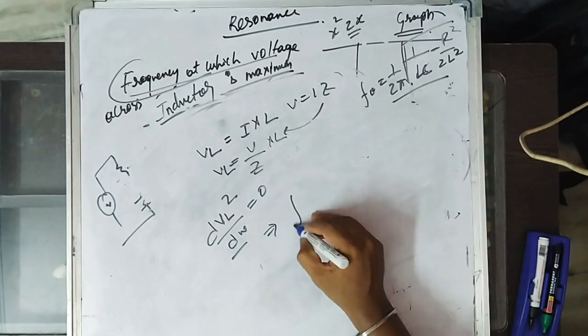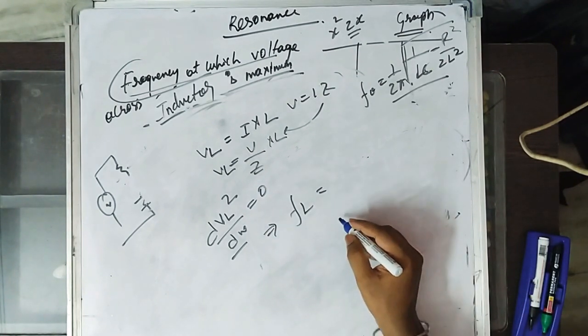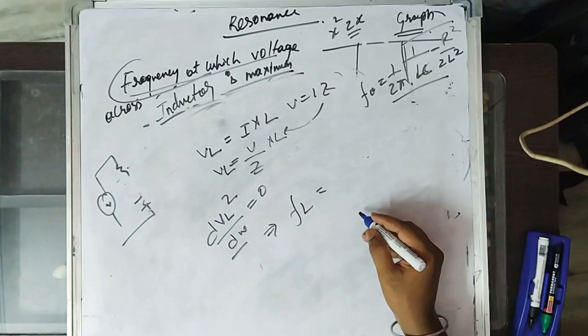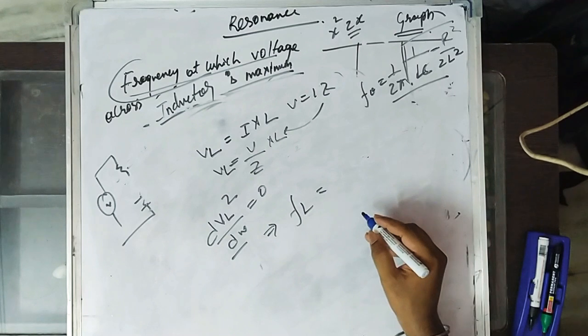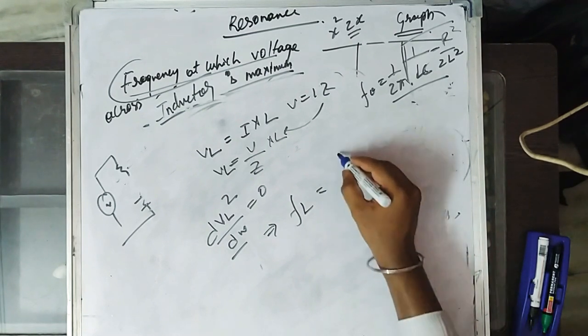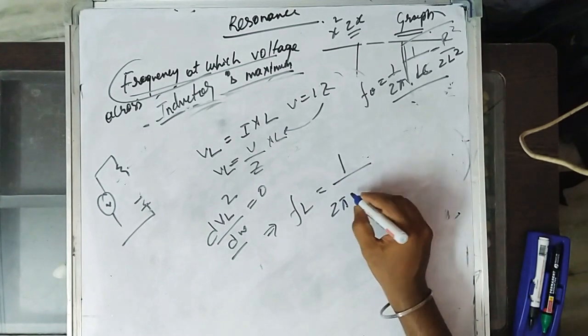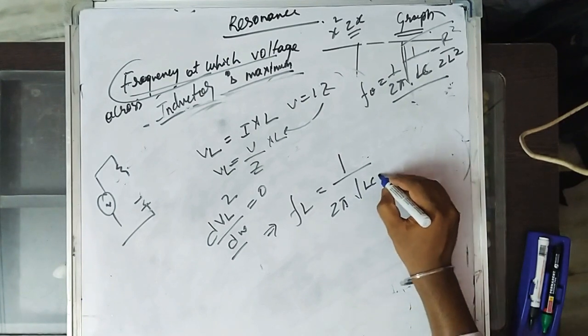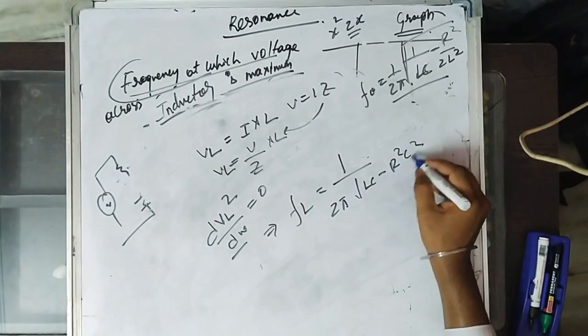You will get FL directly in the form of 1 by 2 pi into root of LC minus R square C square by 2.